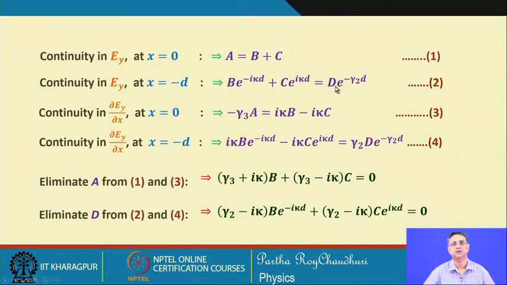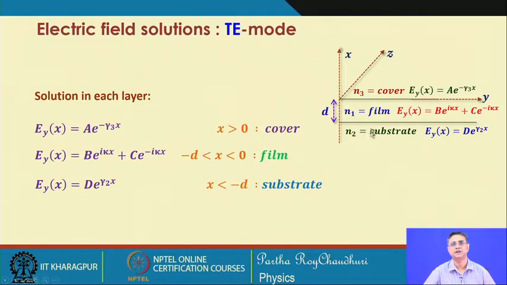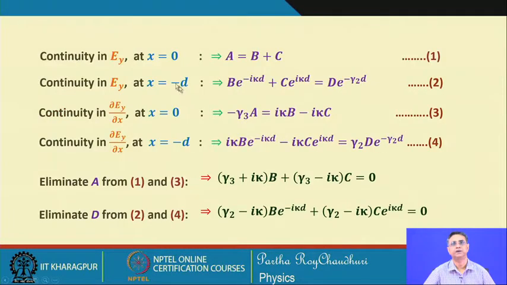This is the connection between this layer and this layer. So, we are actually matching the continuity condition at this interface, that is at x equal to 0 and x equal to minus d, both of them put together.